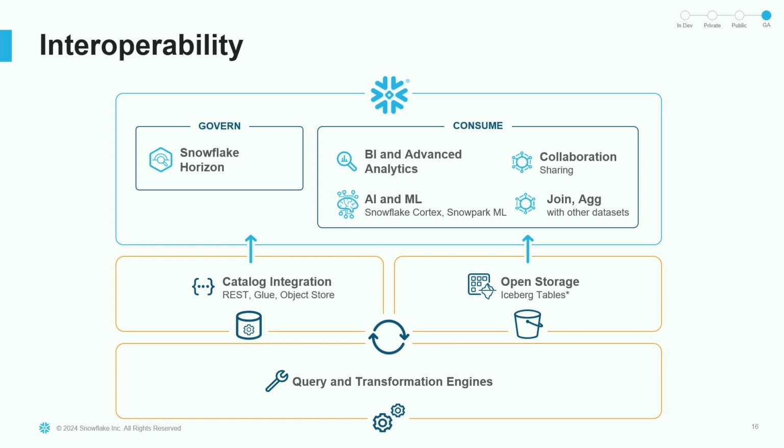We are also going to offer Polaris catalog, which will support multiple engines using the Apache Iceberg REST API framework. So in the very near future, you will be able to bring your own catalog to Polaris or use Polaris as a mechanism to connect with Snowflake managed Iceberg tables.